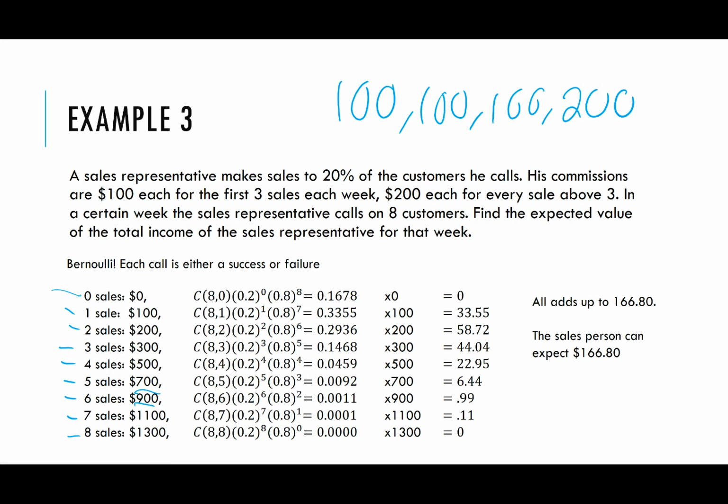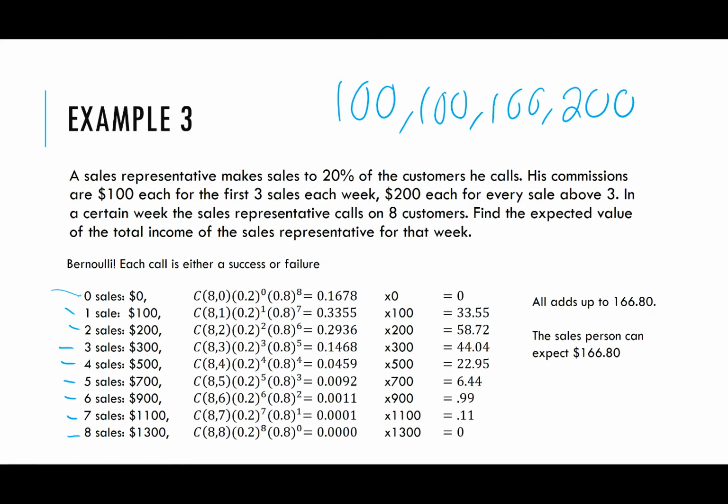He makes a 6th sale, he adds 200, it's now 900. Makes 7 and 8, he adds 200 and 200, gets 1,100 and 1,300 if he makes all those sales. So at the end of the week, he could have made $0, or any of that amount of money, depending on how many sales he successfully made.